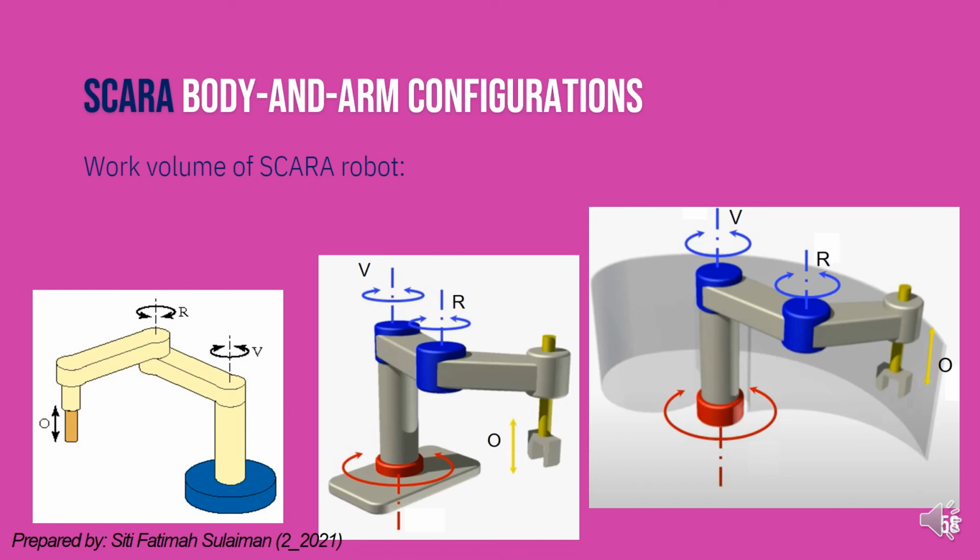Now, what shape of envelope will be produced by the SCARA robot? The SCARA robot produces an irregular work envelope. This is an example of the shape produced by a SCARA robot: an irregular shape.